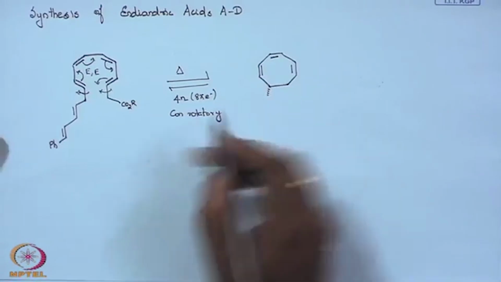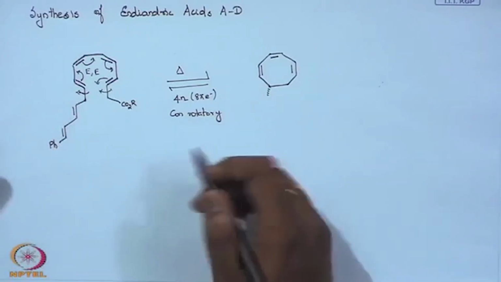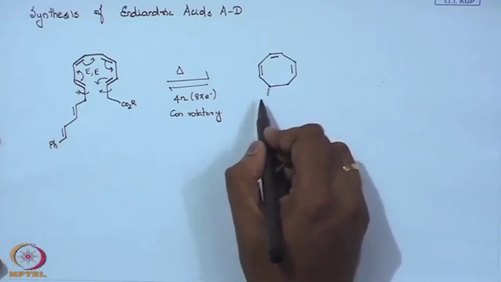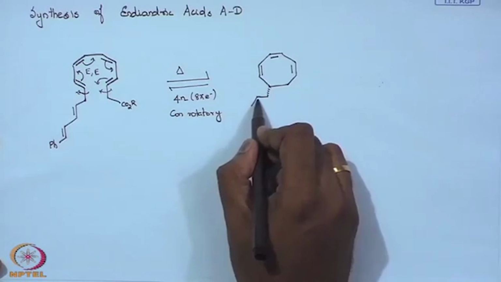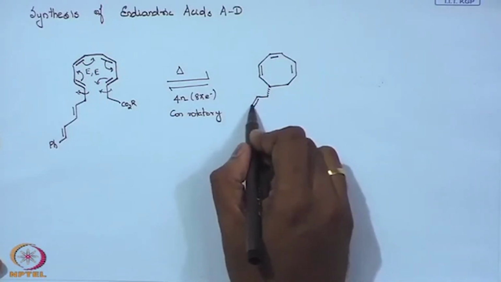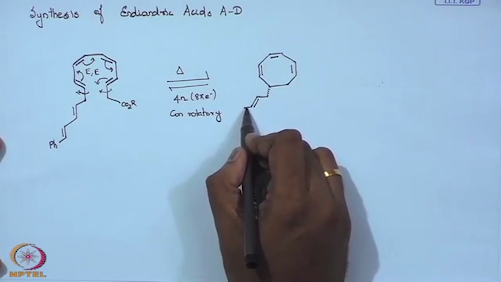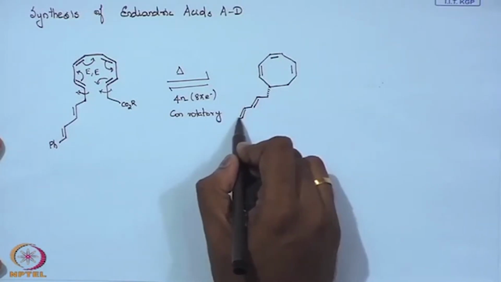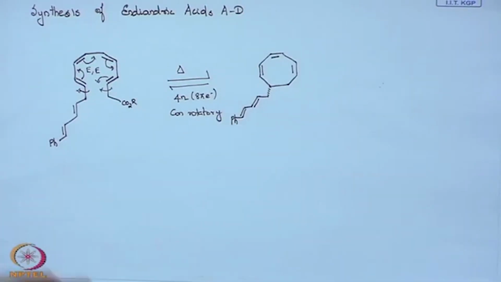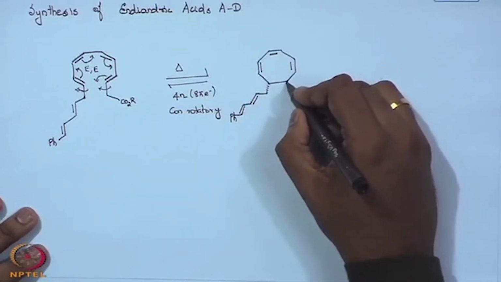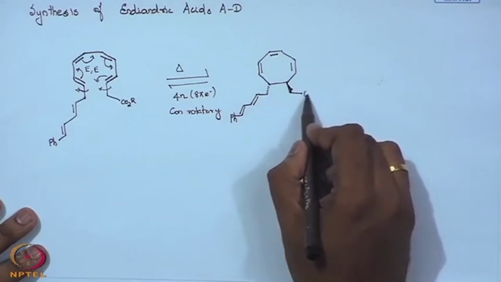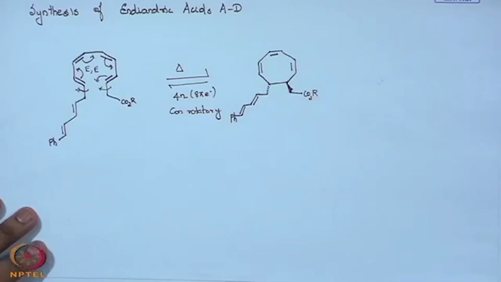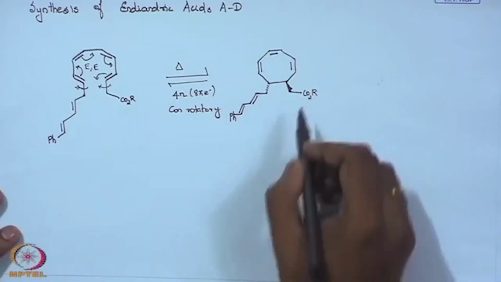One should be outside and one should be in, so both will be in different planes. So, then you get a phenyl and you get a double bond and you get a phenyl. Okay. So, you get a system like this. On this side it should be the other way around. So, you get CO2R, fine.